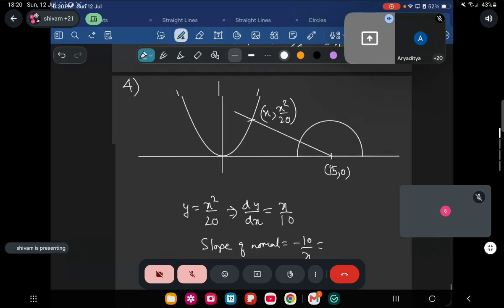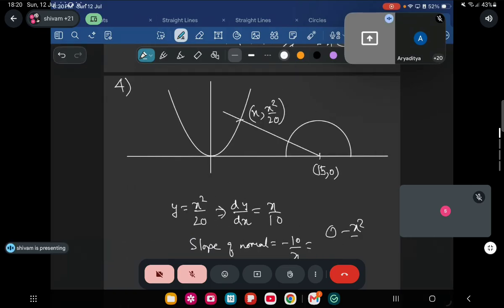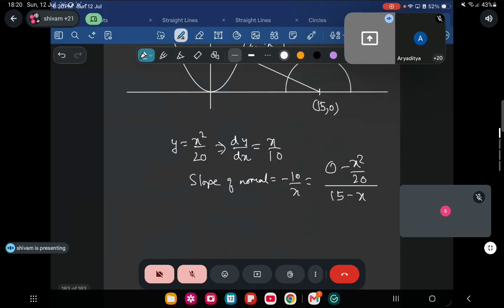Let us write it. Tell me 15 minus x. Can you not find the x value from here? We'll leave it. From here I'm telling you what answer you will get for x. It will become a cubic.